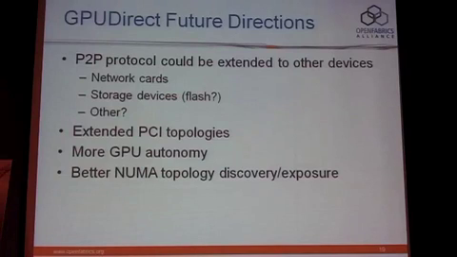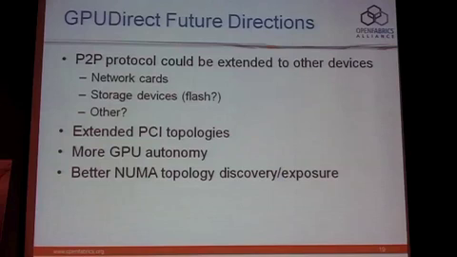Obviously we have some protocol that's allowing us to bus master between GPUs. Some of the future directions we're looking at in GPU Direct are, can we extend that protocol to other devices? We're talking to a lot of different hardware vendors at the moment on what the capabilities of their hardware are and whether it's possible to integrate our P2P protocol into their hardware.